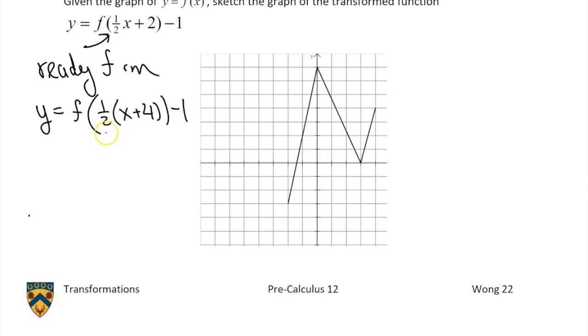So this 1/2 still is acting on the x values. But what it's telling us now is instead of what may have looked like a translation of 2 units to the left, this is a translation of 4 units to the left. So make sure that you've factored it to get it into ready form.